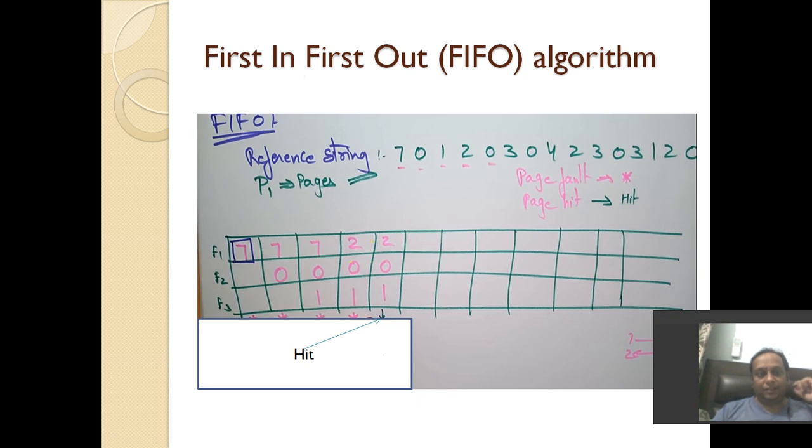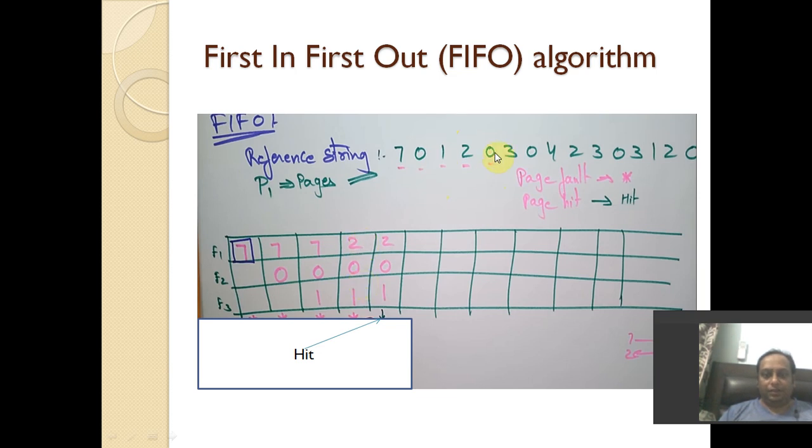Because 7 is the first that was inserted into the main memory. So the number which is first inserted should be first out. This FIFO algorithm behaves in the manner first in first out. So 2 is entered into the memory. So now the given string is 201.